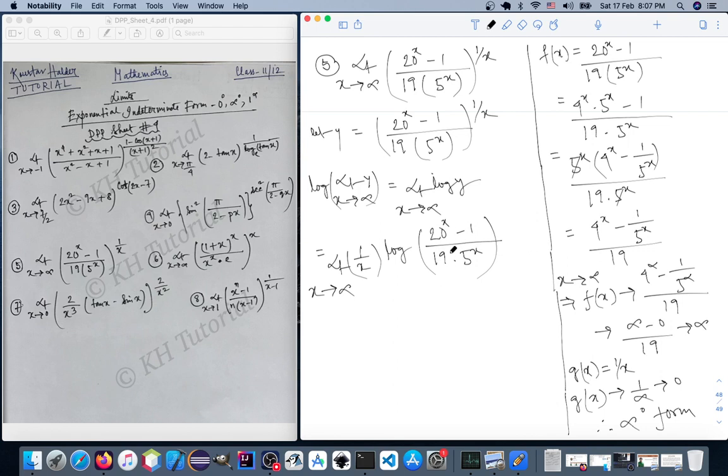So fx is tending to infinity. So log of fx will also tend to infinity, and in the denominator we have x is tending to infinity. So this whole limit expression is of the form infinity by infinity. But let's first simplify it.